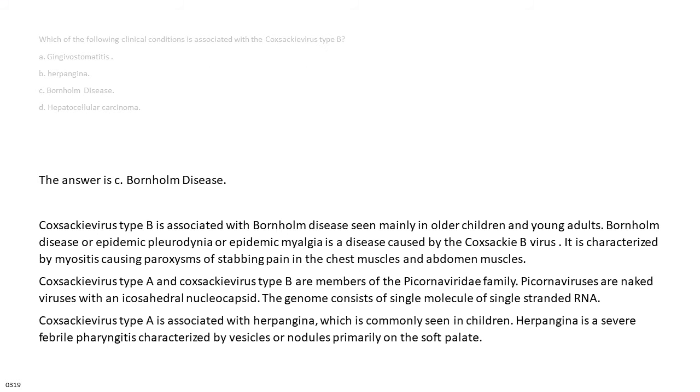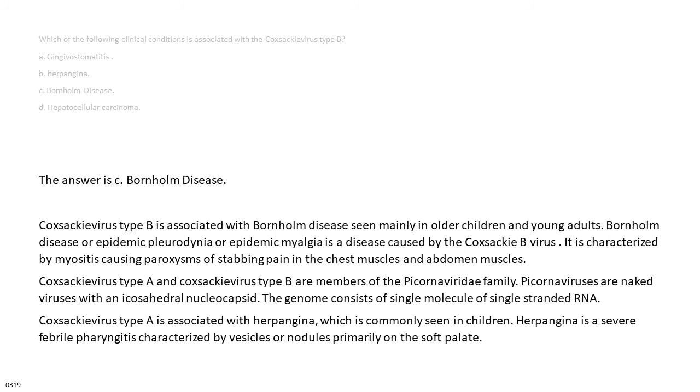The answer is C. Bornholm disease. Coxsackie virus type B is associated with Bornholm disease seen mainly in older children and young adults. Bornholm disease, or epidemic pleurodynia or epidemic myalgia, is a disease caused by the Coxsackie B virus. It is characterized by myositis causing paroxysms of stabbing pain in the chest muscles and abdomen muscles.